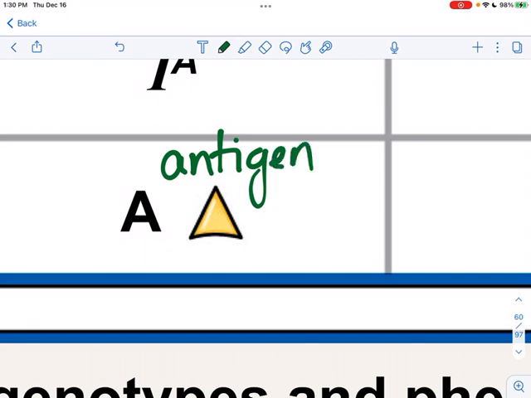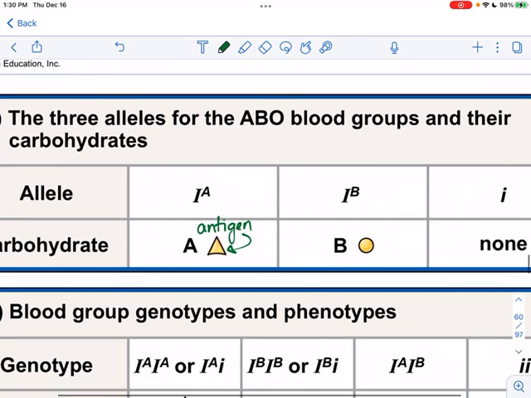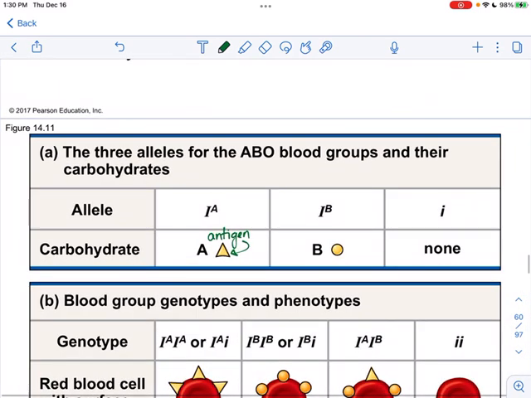Okay, so this would be called the A antigen. It doesn't really look like a triangle, but it's just a nice way of graphically representing the A antigen. And then if you have the IB allele, you form the B antigen. And if you have the little i allele, you don't form any antigens.